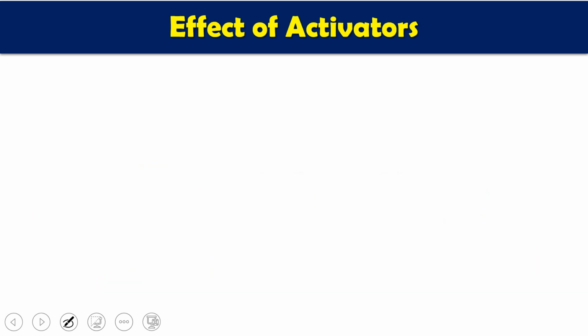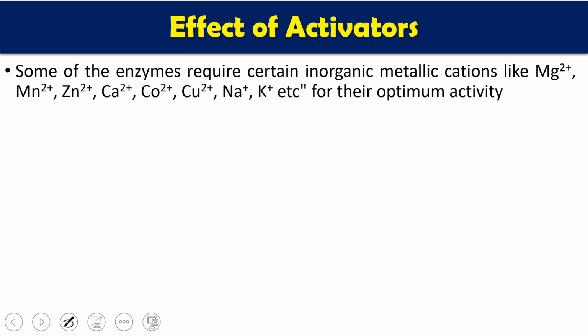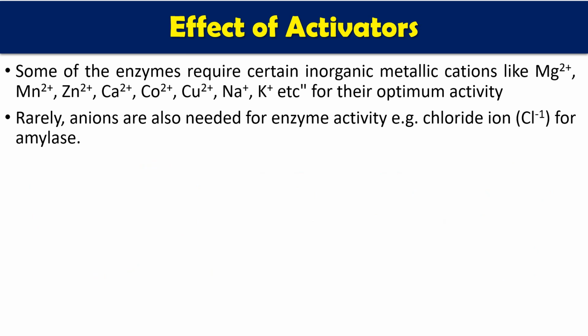Next is the activators. Activators normally bind to the enzymes and increase their reactions. Some of the enzymes require a number of metallic cations, or sometimes anions also. We will talk about that also. Mostly it is metal ions, metal cations like magnesium, manganese, zinc, calcium, cobalt, copper, a number of things.